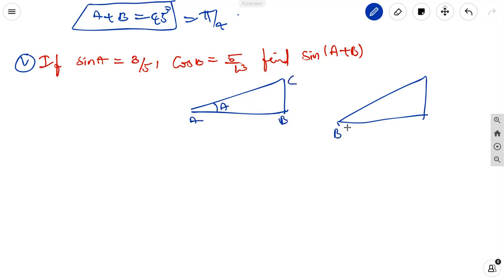It is B angle, triangle ABC. Here sin A means opposite by hypotenuse.